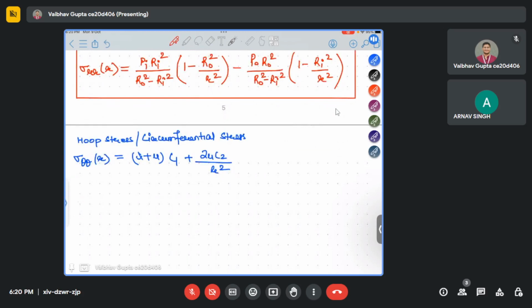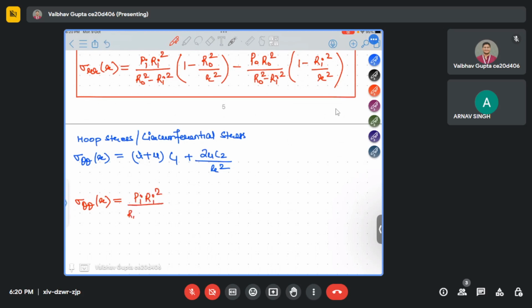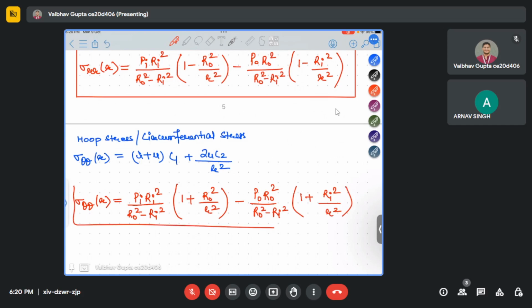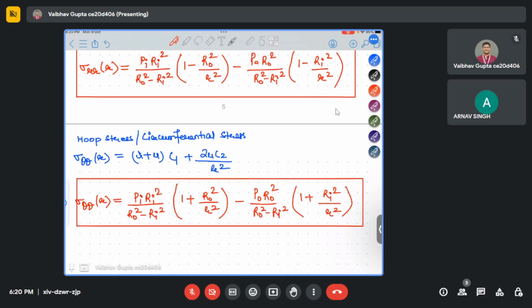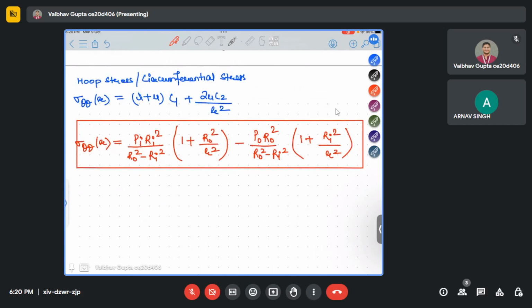So when I put the constant values, sigma theta theta of r will be equal to Pi Ri square upon R naught square minus Ri square, times 1 plus R naught square upon small r square, minus P naught R naught square by R naught square minus Ri square, times 1 plus Ri square by small r square. So this is sigma theta theta. Last is axial stress.